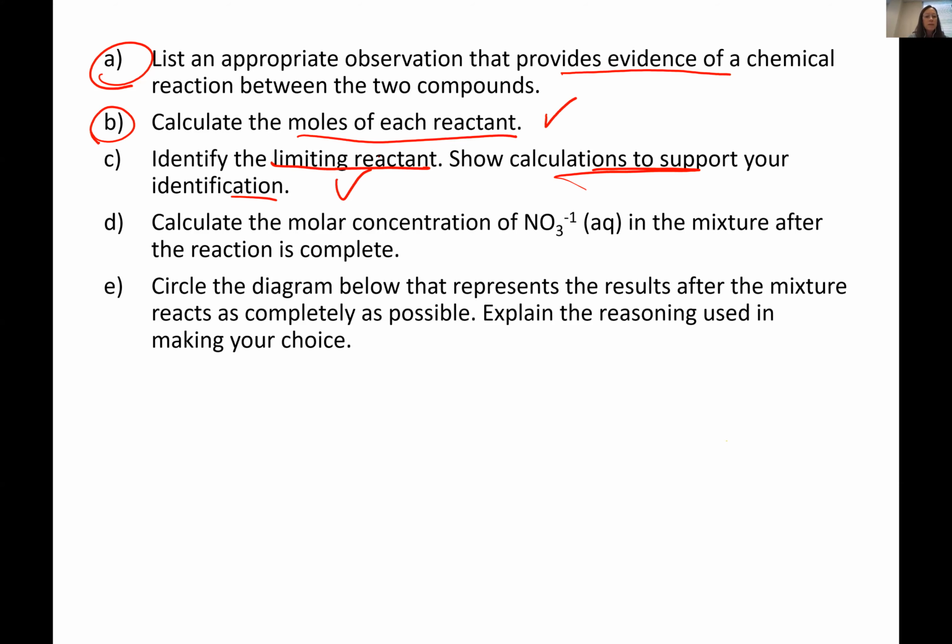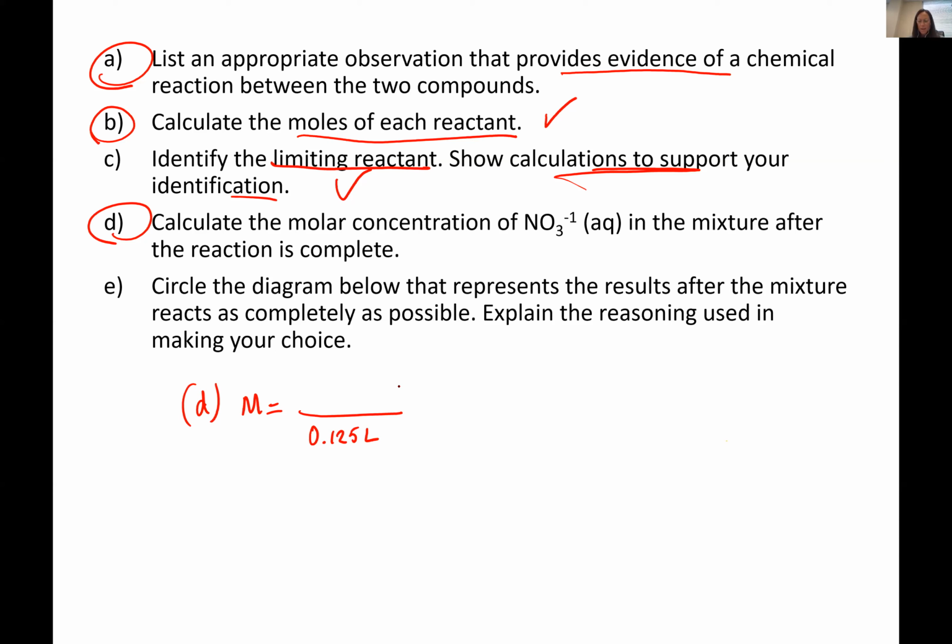Now part D. Part D wants us to calculate the molar concentration of the nitrate in the mixture after the reaction is completed. So on part D, if we set up our molarity, we had 0.125 liters. Do you remember that? And then how many moles of nitrate did we have after the reaction was finished?